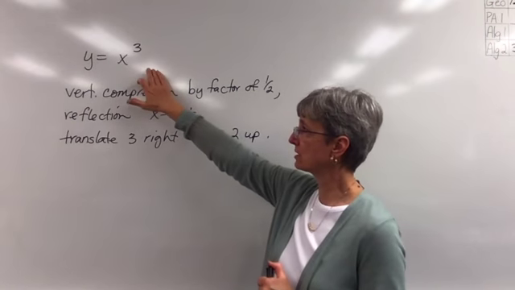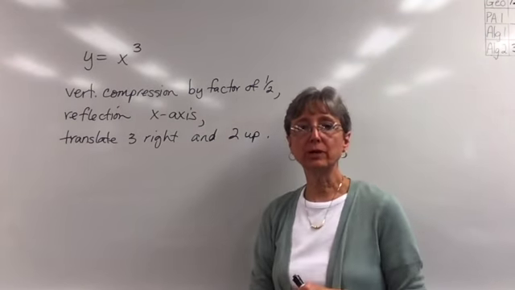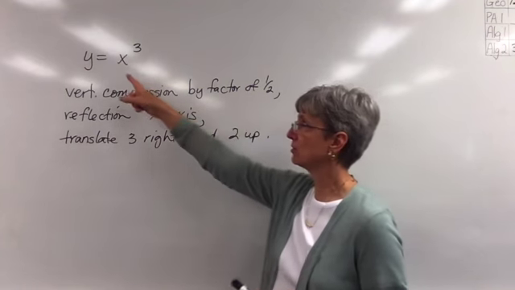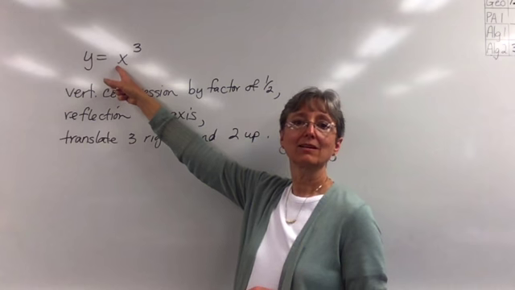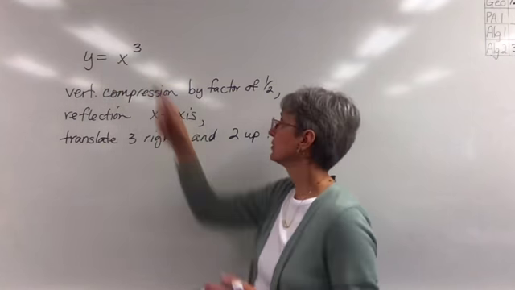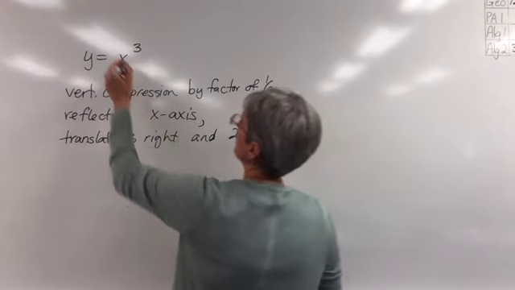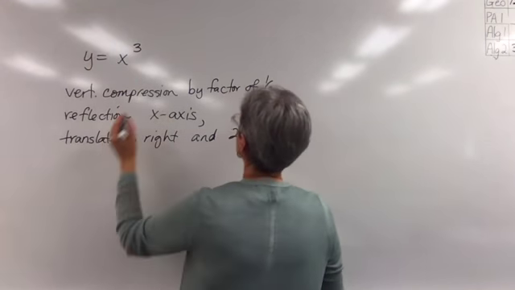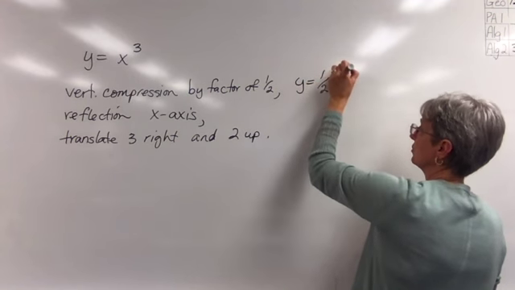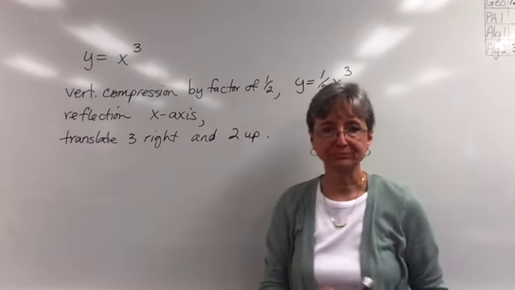If we apply a vertical compression by a factor of 1/2, all we would do is multiply this by 1/2. It's very similar to a slope. So y equals 1/2 x cubed.